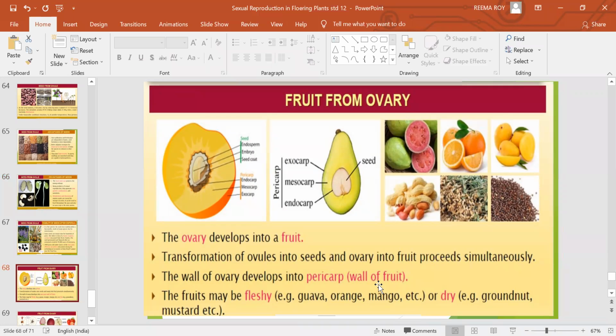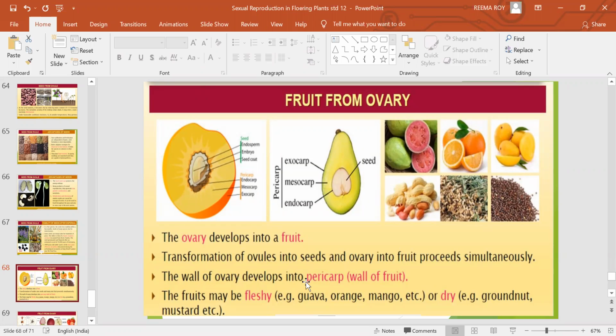Correct. The ovule is developed into a seed and the ovary develops into a fruit. Transformation of ovules into seed and ovary into fruit proceeds simultaneously. The wall of the ovary develops into the pericarp, the wall of the fruit.